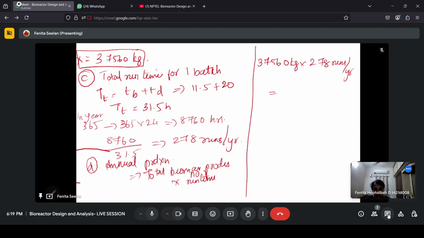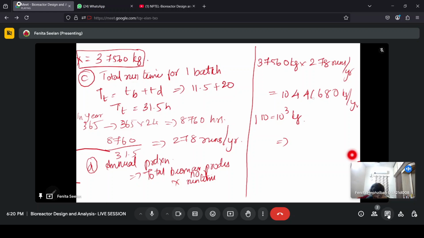Multiply, around 10441 kg per year. But we know that 1 ton is 10 to the power 3 kg.